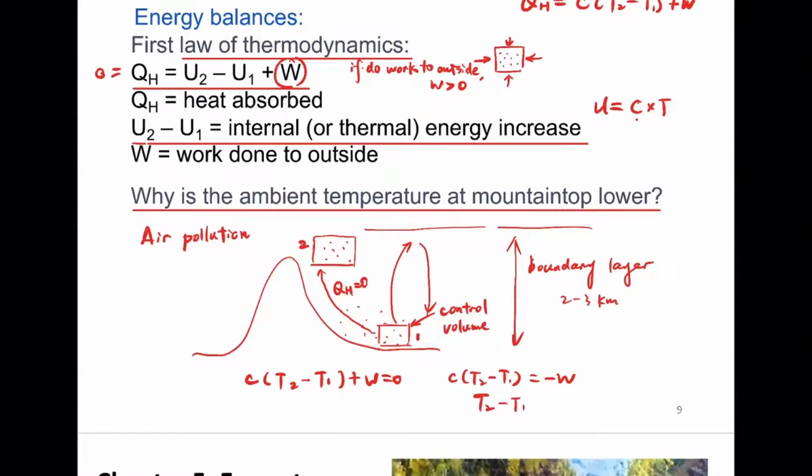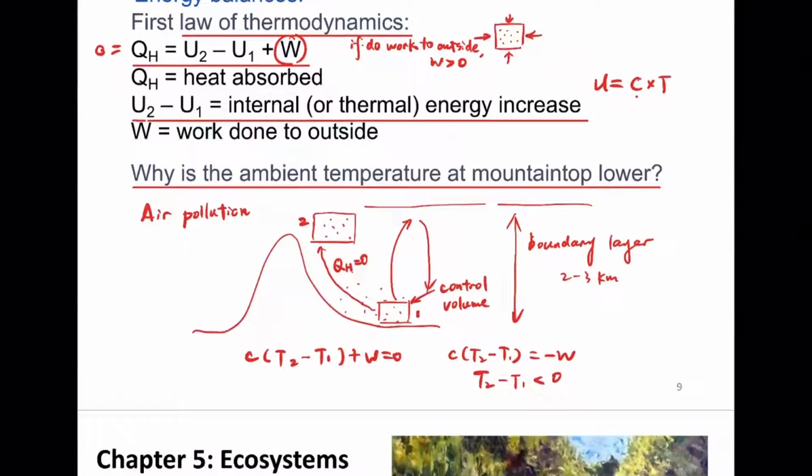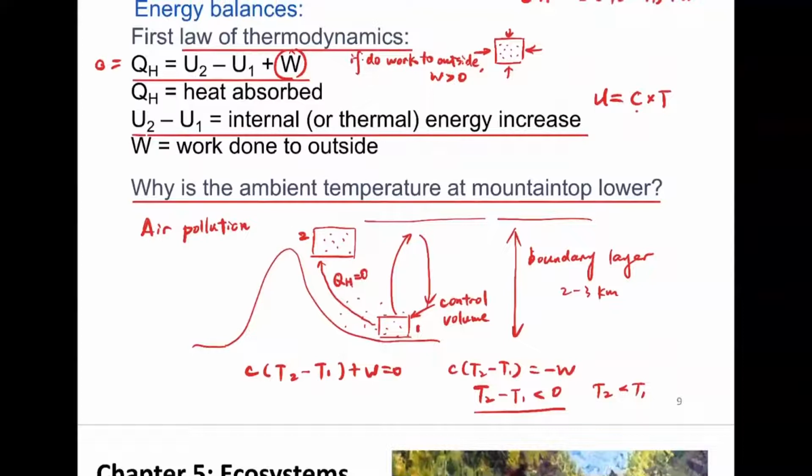T2 minus T1 is going to be smaller than 0 because W is positive, C is positive, right? So what this means is that T2 has to be smaller than T1. This explains why the temperature at higher altitude is cooler. It's because the air does work to the outside, right? And at the same time, there's no heat absorption.